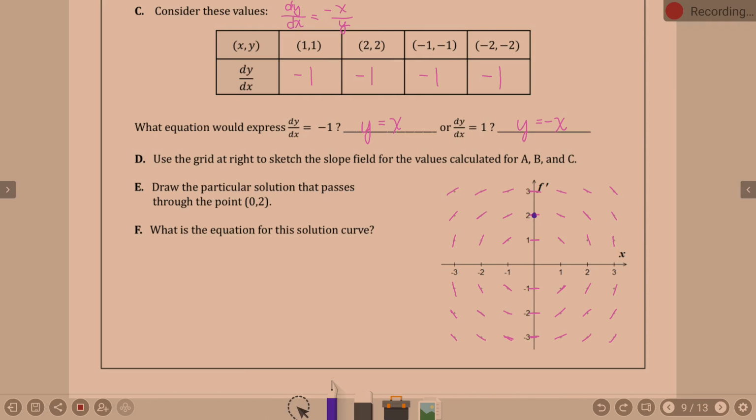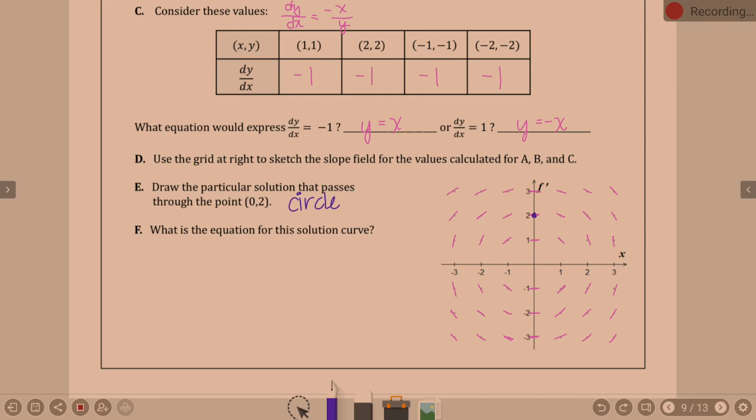I think Augie threw it out that he sees a circle here. So what we're looking at is going to be a circle. If we're drawing the circle that goes through the point (0, 2), what do you know about the radius of this circle?